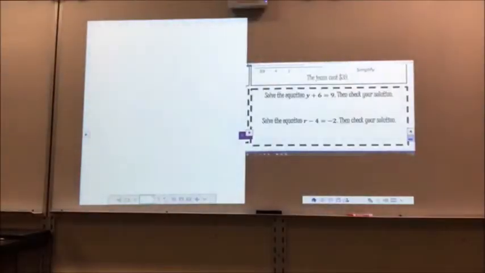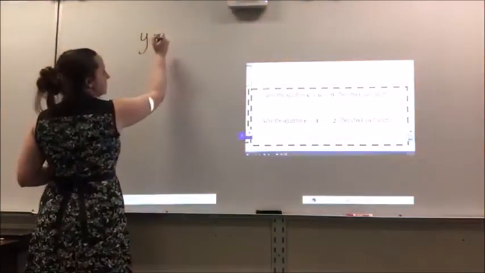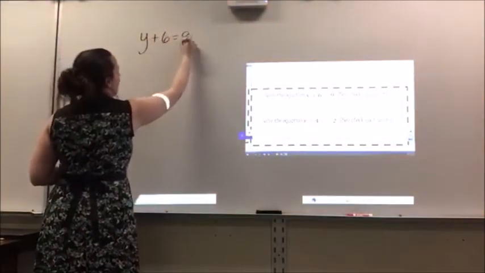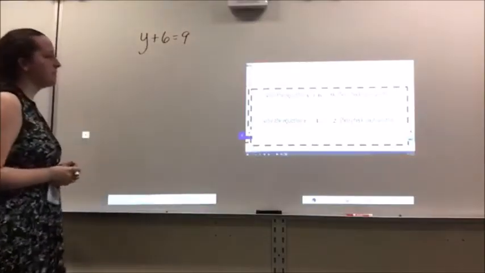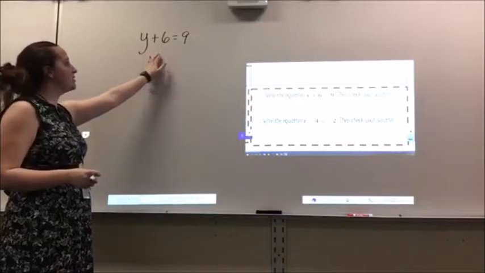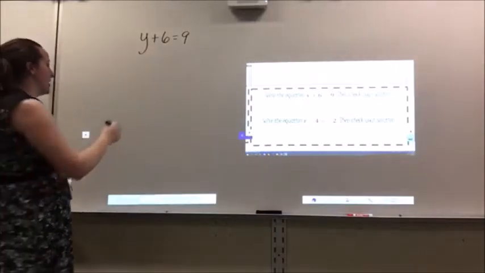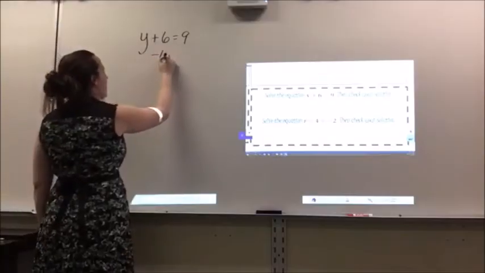All right, my second try problem states, solve the equation y plus 6 equals 9, then check your solution. So my equation, y plus 6 equals 9. Okay, so I have plus 6, which is addition, so I need to use subtraction to get rid of the 6 and leave y by itself.